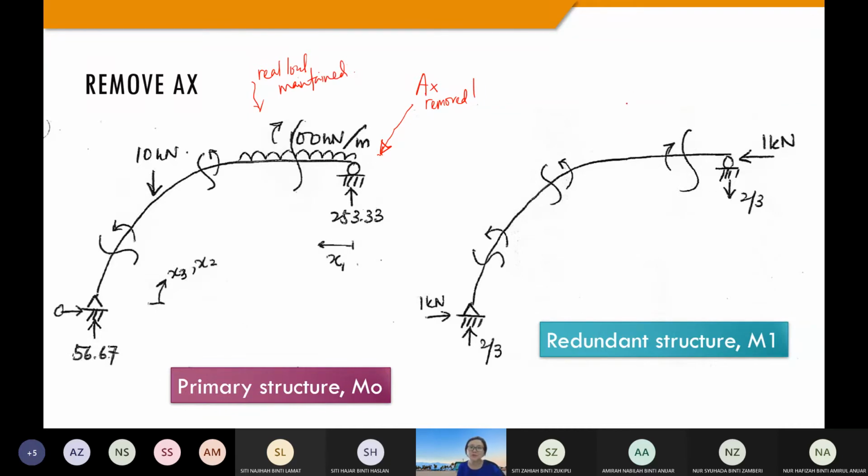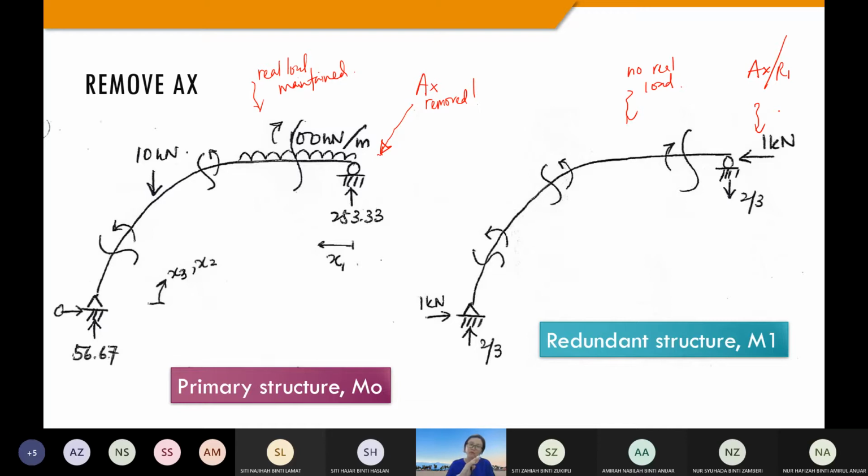In the redundant structure, no more real load, and we apply back AX, the redundant one, with 1 unit force, this 1 kilonewton. Then you can start to analyze both of these systems.